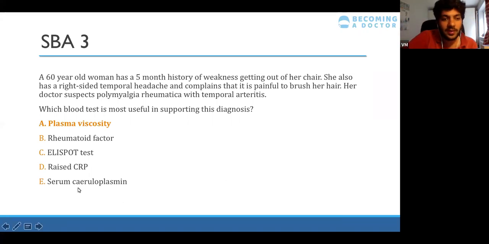But the reason why CRP isn't as important in temporal arteritis is it's one of the few conditions where CRP isn't a good test of inflammation. The answer is ESR, erythrocyte sedimentation rate, which is a measure of plasma viscosity. So a bit of a tricky one. But yeah, the answer is plasma viscosity. Okay.